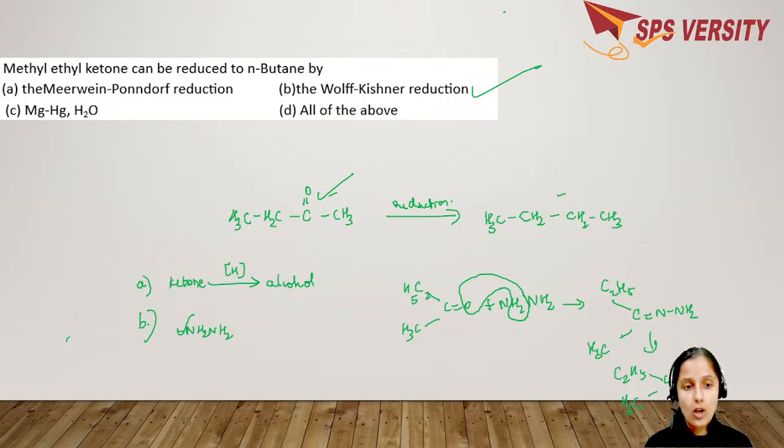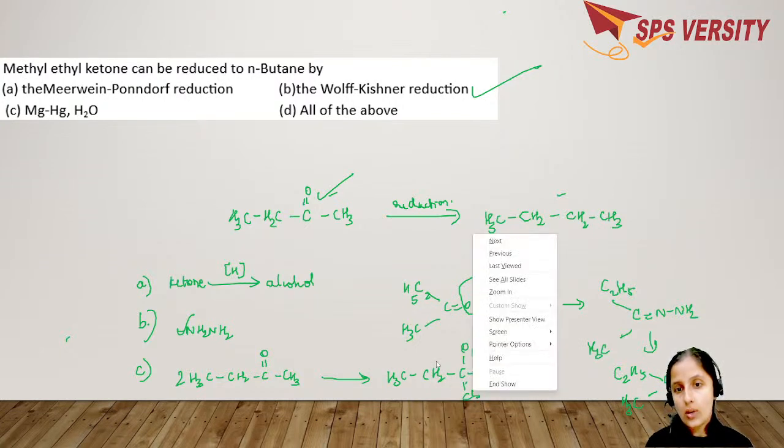But if you take option C, MgHg, that's magnesium mercury amalgam, then you are going to get the methyl ethyl ketone. This is CH3CH2, C double bond O and CH3. Two molecules of them undergo reduction and combine in such a way that CH3CH2 gets converted to an alcohol group, and the CH3 goes down.